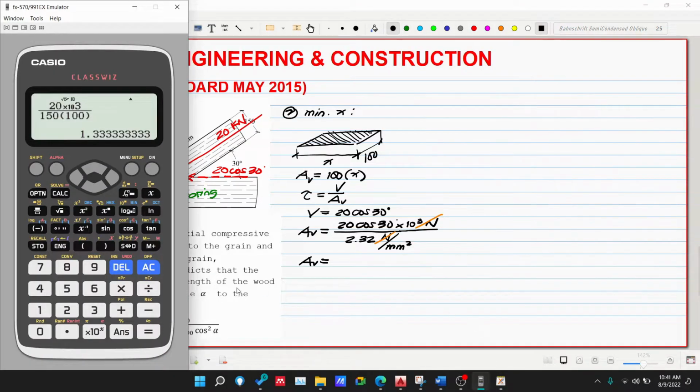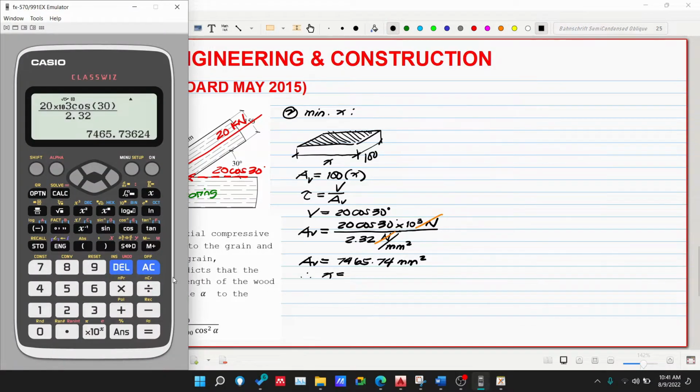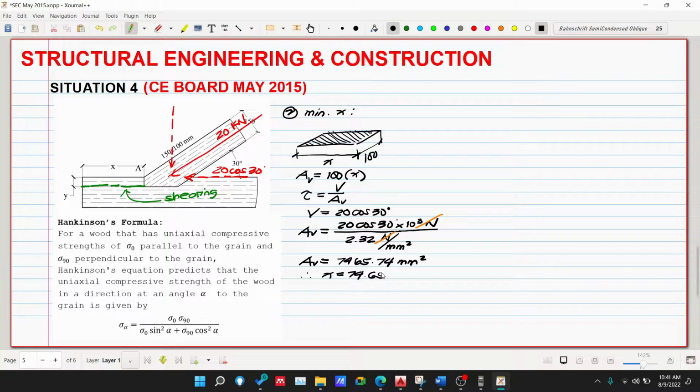So, ang ating shear area is 7465.74 millimeter squared. So, makukuha na natin ng X. X is equivalent to the area divided by 100. So, divide lang natin ito ng 100. So, 74.657 millimeters.